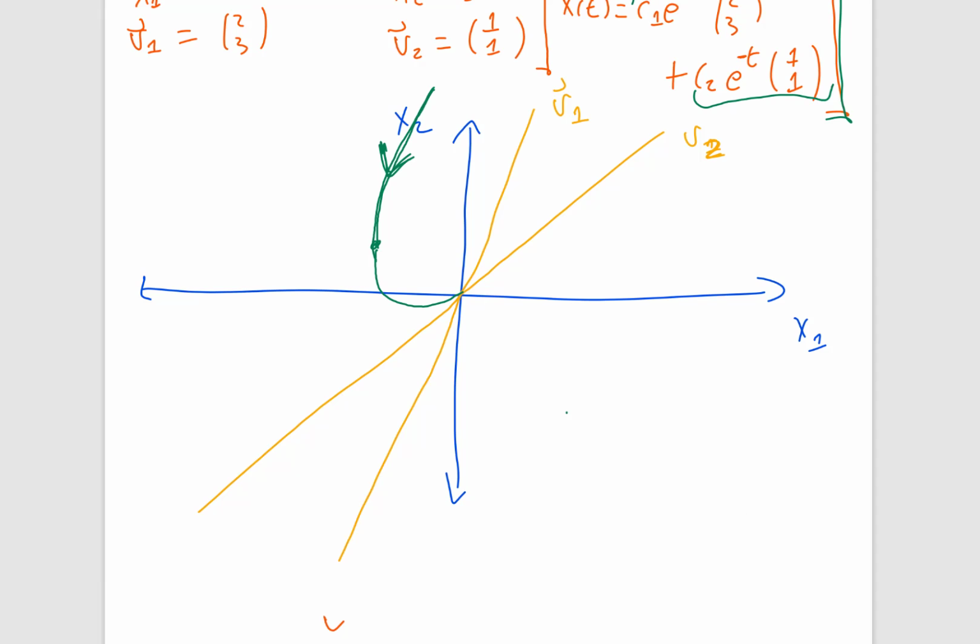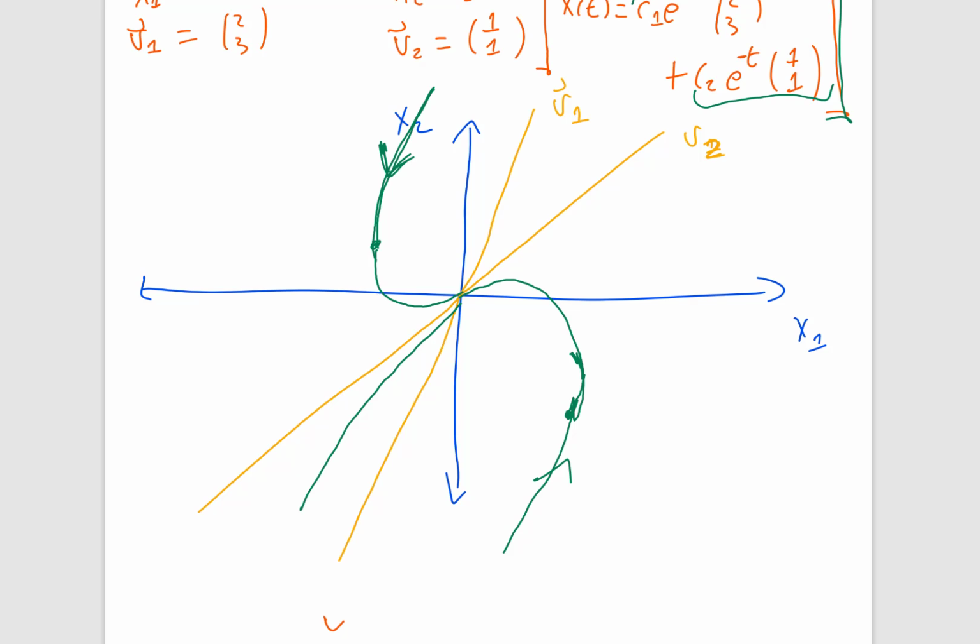Okay, so if we have a solution starting here, we're going to have something similar. As t goes to infinity, it's going to go to 0 in a way that is parallel to the vector v1. And then if you think about it going to negative infinity, it's going to get more and more parallel to v2. That's the direction of increasing t. And then we'll have something like this.